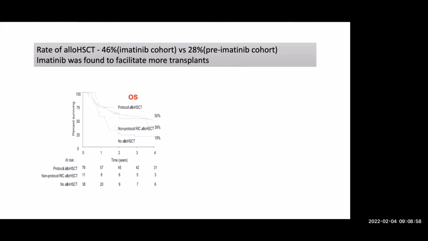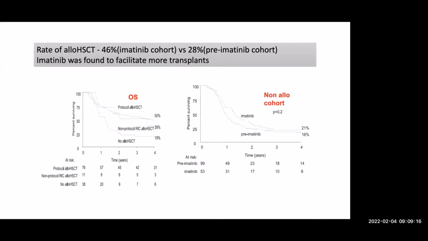And the question which arises over here is, imatinib does improve the survival. It does take the patient towards allo-HCT. Now, if we try to avoid doing transplant in the patients who had received imatinib, what happens? This was the patients who had not undergone transplant.